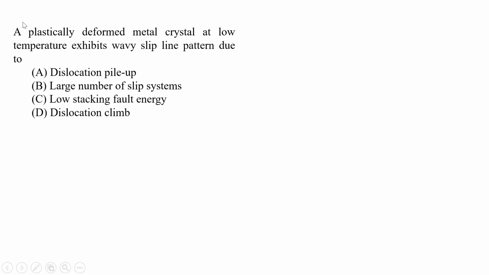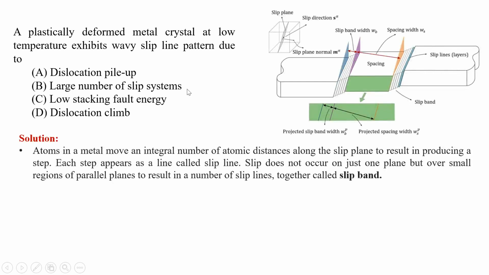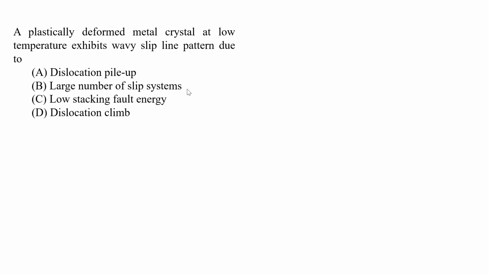So this is one more question we can practice on similar grounds. A plastically deformed metal crystal at low temperature exhibits a wavy slip line pattern due to which of the following reasons? Dislocation pileup, large number of slip systems, low stacking fault energy, and dislocation climb.